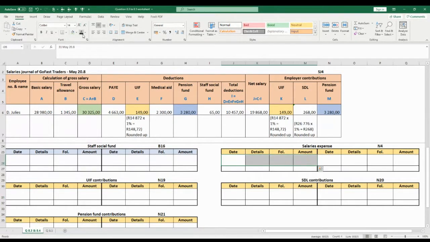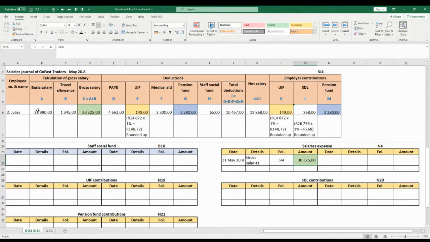So what we will do is we will then enter that transaction at the 31st of May. We will say gross salaries, or if you said gross salary, I would also have marked it correct. SJ4, so that number there at the top, and it's 30,325. So these two amounts are exactly the same. Okay, so that's the first transaction that we have recorded.